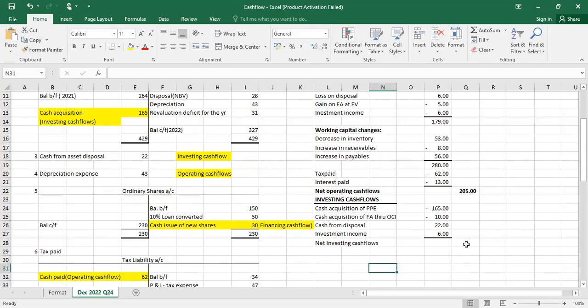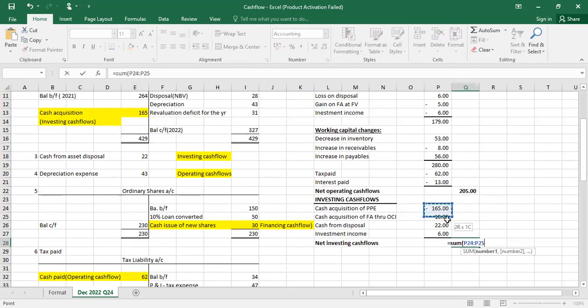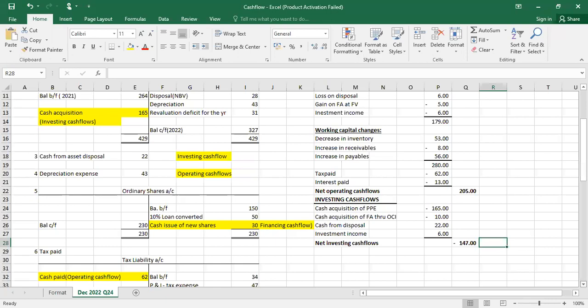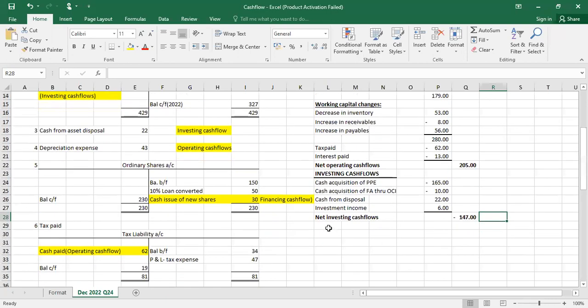Again, that figure will appear under the second amount column. So I'll say that equals the sum of all these. So it's a total of 147, a negative 147.